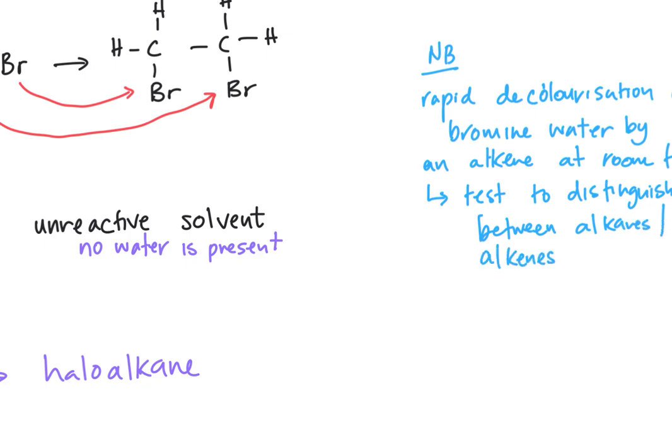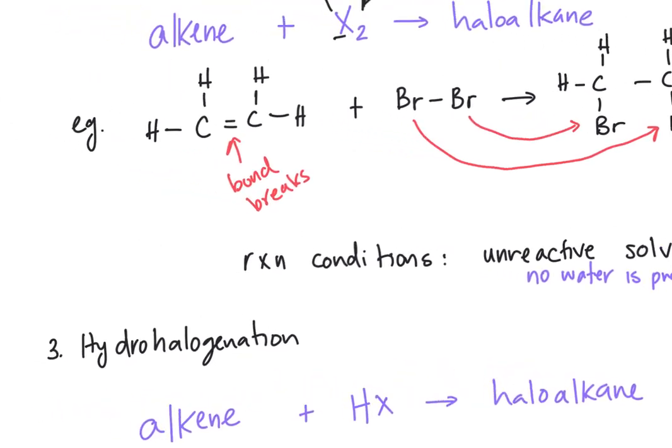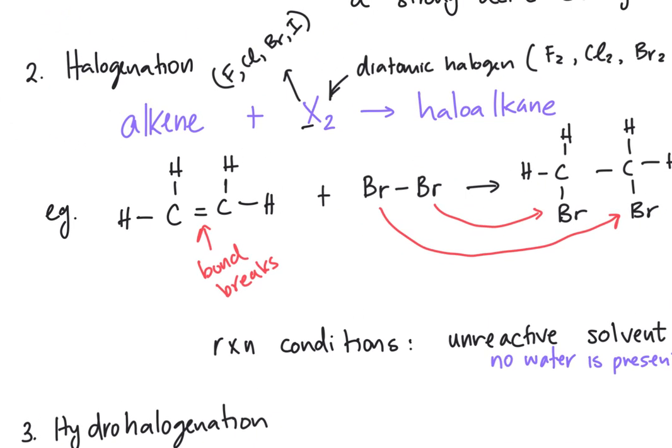In the note pack that I gave you, you will find it after these types of reactions. You'll see all the tests. This is what we call a test for unsaturation. So that's just a little bit of a side note. Okay, so that is halogenation.